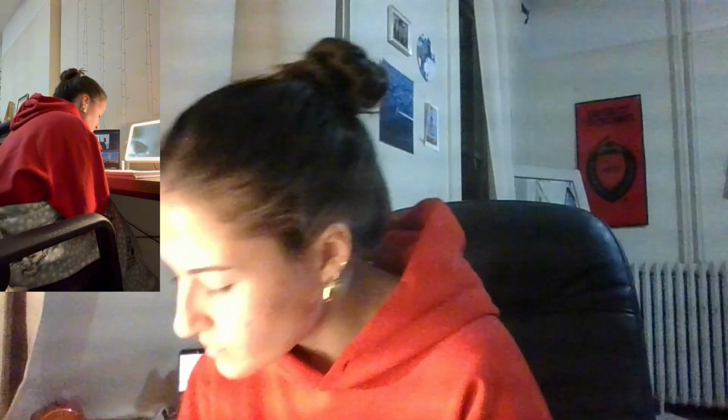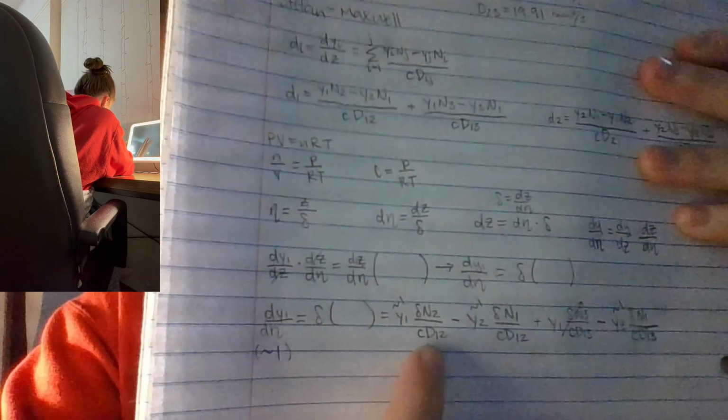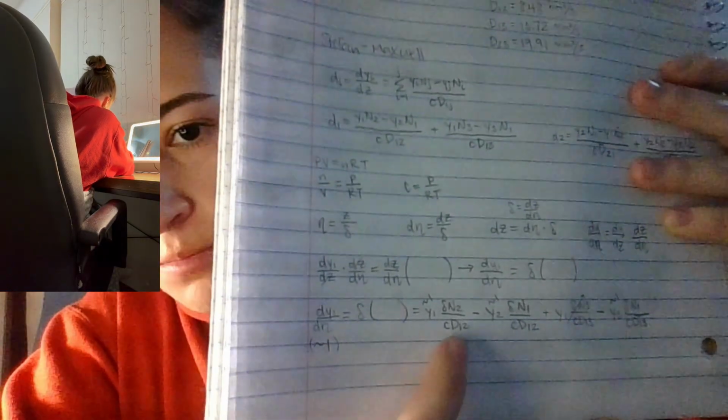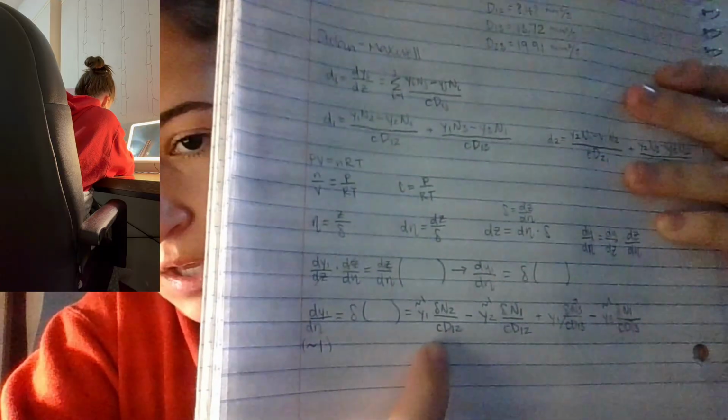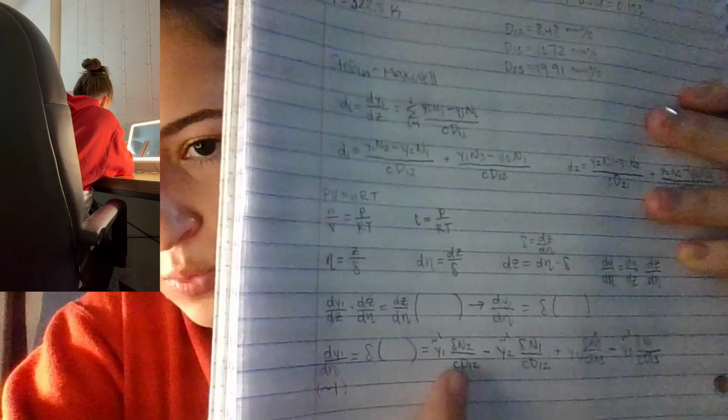And then we're going to simplify this further in order to solve for this flux here. So now to solve for N2, we can see that there's only one value here that has N2 in it. So this value we can isolate and solve for N2.